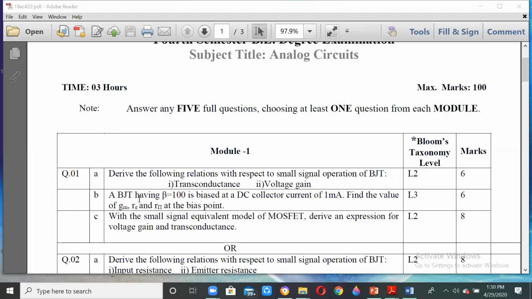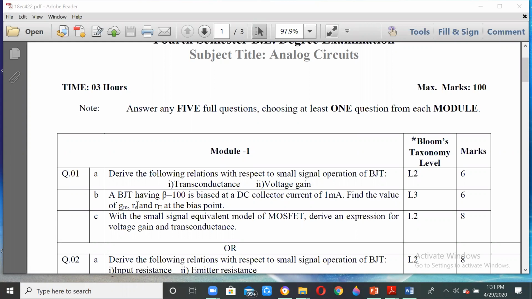Having found that, we can again find the value of re. re will be beta by gm, and r pi will be beta plus 1 into re, so re will be r pi divided by beta plus 1.